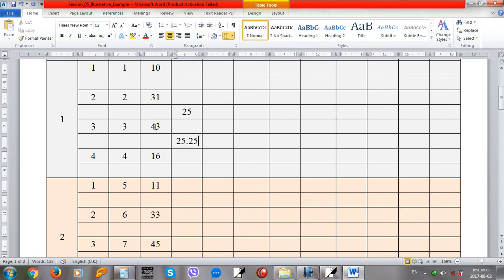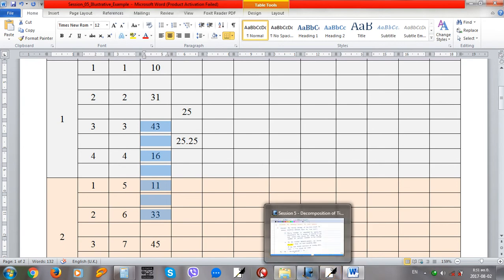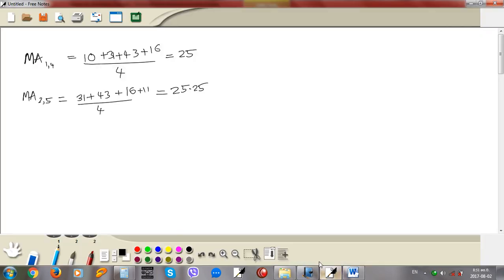Next, you have to omit 31 and consider the next 4. Then you can write the moving average from 3 to 6 equals 43 plus 16 plus 11 plus 33 divided by 4, right?